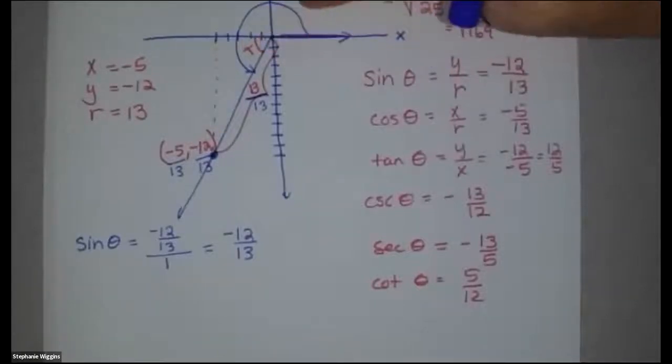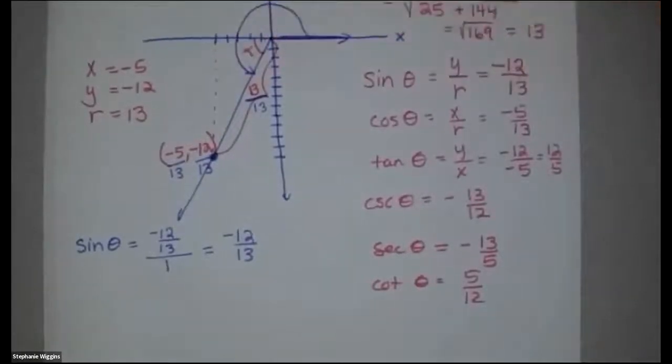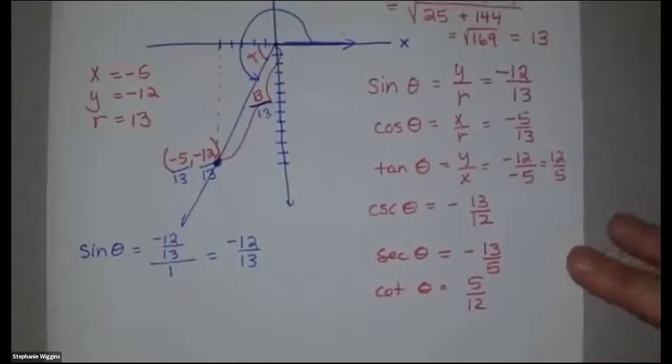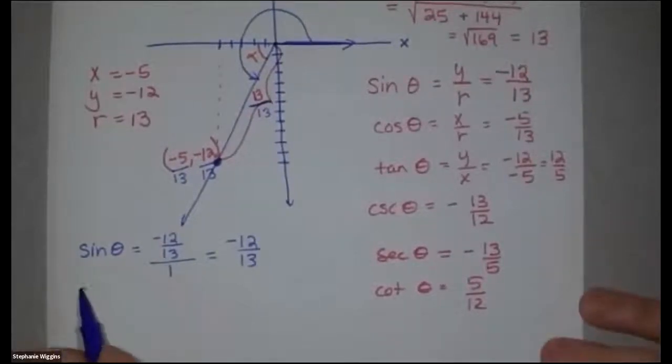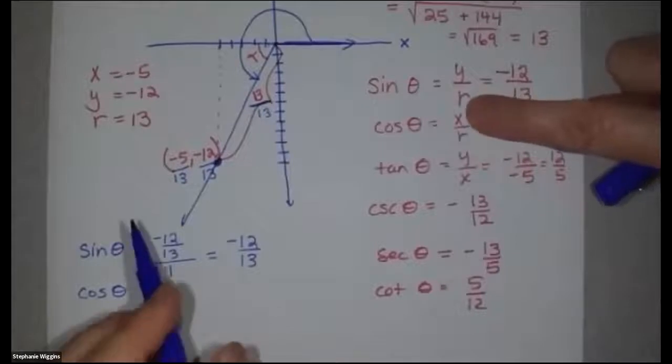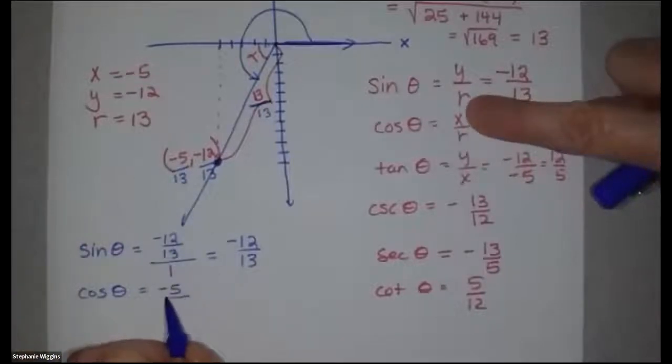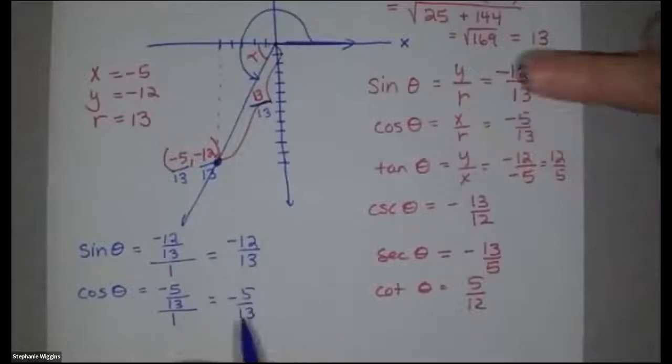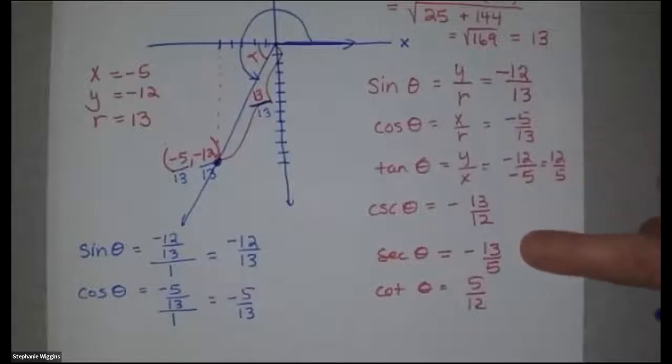The angle theta is going to be the same, okay? So that's why we want to work with the unit circle. So cosine of theta, and I don't have to do this for every one, is x over r. X now is negative 5/13, r is 1, and so I get the same answer as I did earlier, okay? And you can do the same thing for all of these trig functions. The trig functions stay the same.